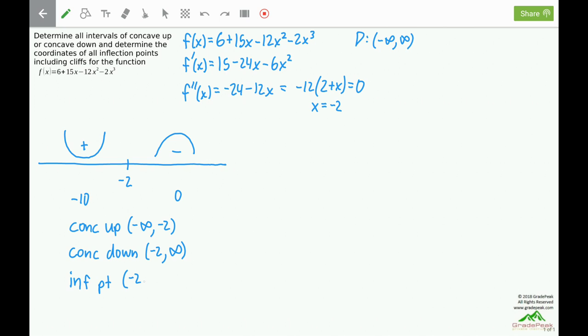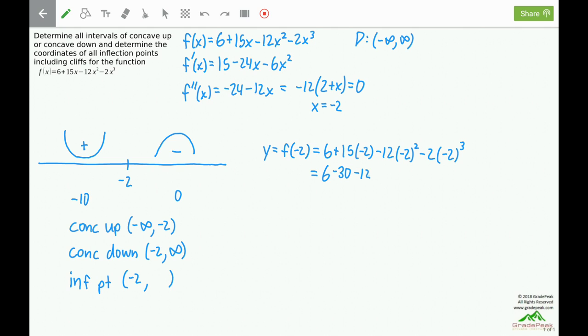It has an x-coordinate of negative 2 and has a corresponding y-coordinate that can be found by plugging negative 2 back into the original function. So y will equal f of negative 2, which is 6 plus 15 times negative 2 minus 12 times negative 2 squared minus 2 times negative 2 cubed, which will be 6. 15 times a negative 2 will be a negative 30.